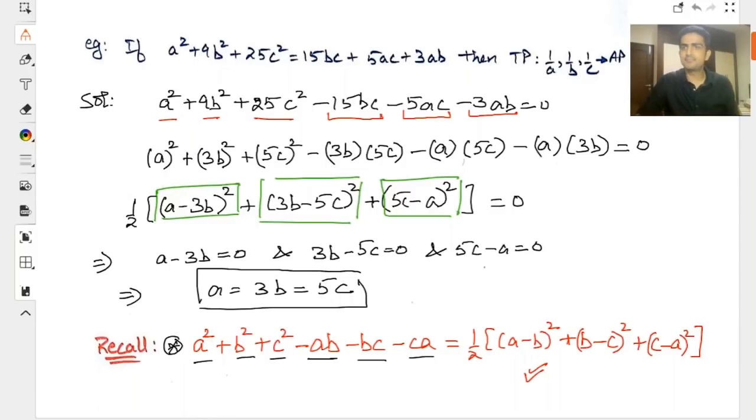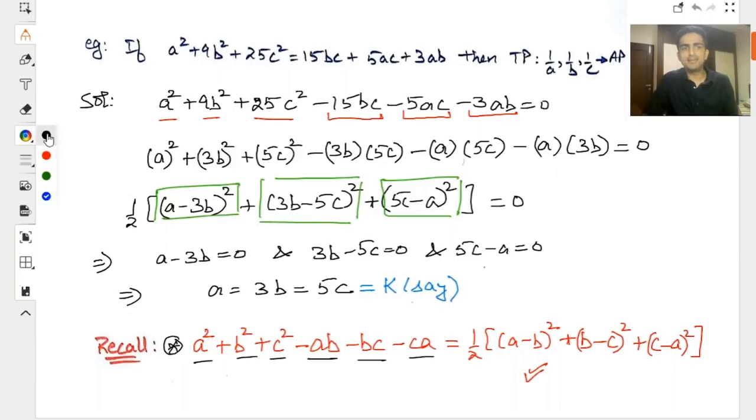It is a standard method that whenever we see such equality, involving 3 or 4 terms to be equal, we always call all of them equal to k and find everything in terms of k.